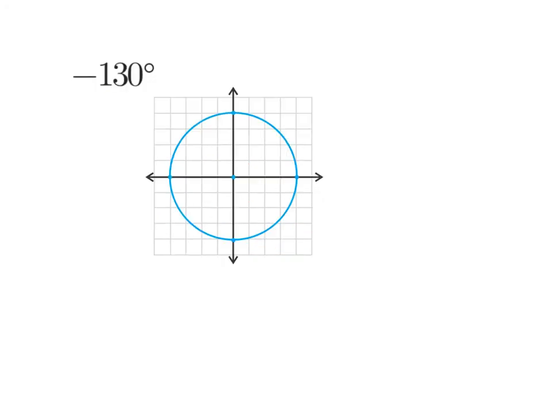If we're looking at it in terms of degrees, again, just draw it real quickly. My negative 130 degree angle, if I go negative, that means I've got to swing down. This would make 90 degrees here. I'm going to need another 40 to get over to negative 130 degrees. The reference angle is going to be the acute angle that the terminal side makes with the nearest x-axis. So what is this one?